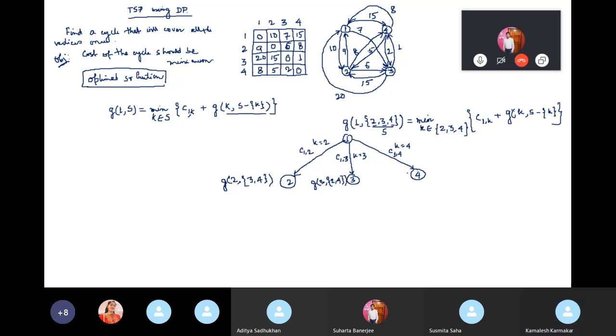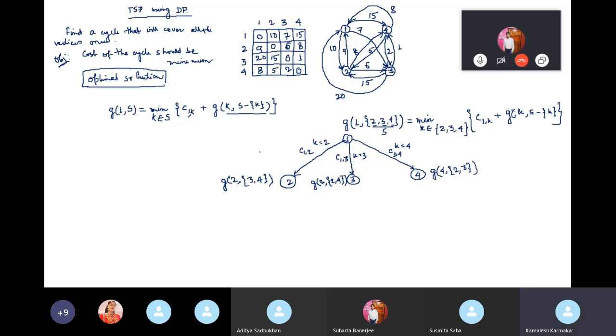Now here what will be the function? G of 4 comma, what will be the set? 2 and 3, as 4 is eliminated. Up to this, is it clear?